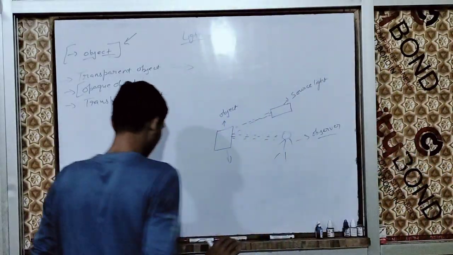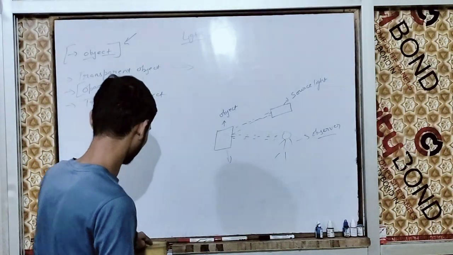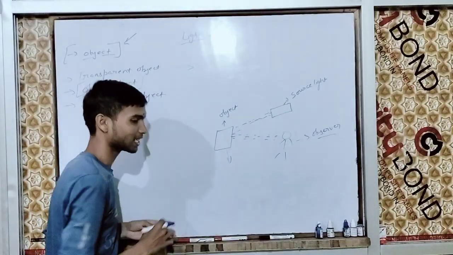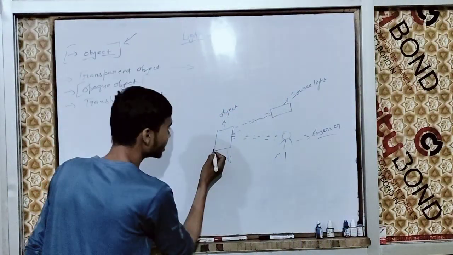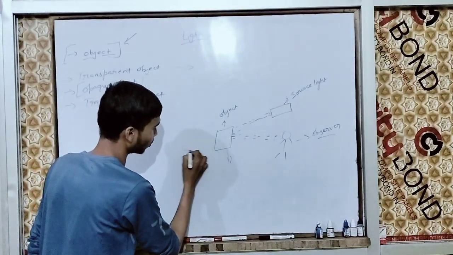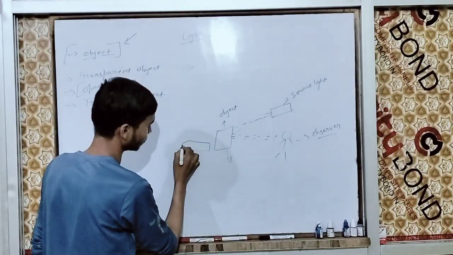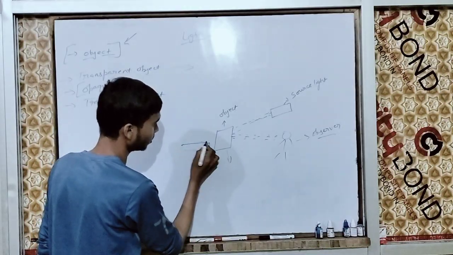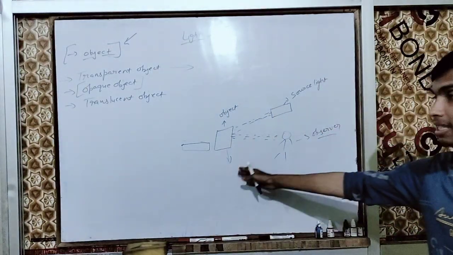Now, one thing more will happen, which is important for this lecture. Remember, if an object is blocking this coming light, it means it will form a shadow. Okay, it will be forming a shadow behind this object.